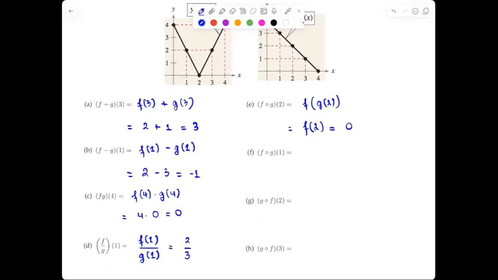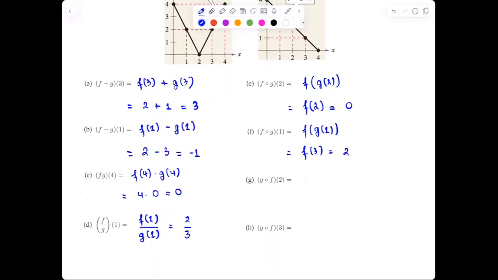Now f circle with g of 1, or f of g of 1. So g of 1 is 3. So f of 3 is equal to 2. g of f of 2, given that f of 2 is equal to 0.